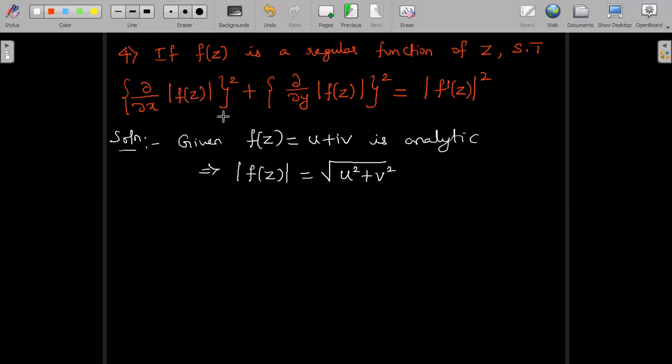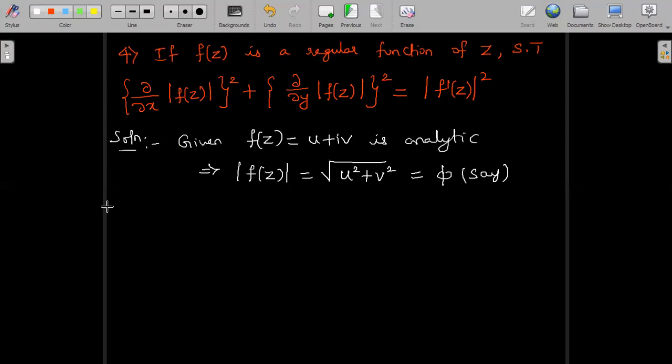So this is the mod f of z term, which is square root of u square plus v square, and directly let us denote this function by phi. So that it is dou phi by dou x whole square plus dou phi by dou y whole square is equal to mod f dash z whole square, which is to be proved.